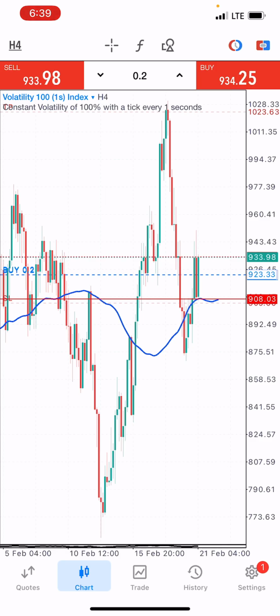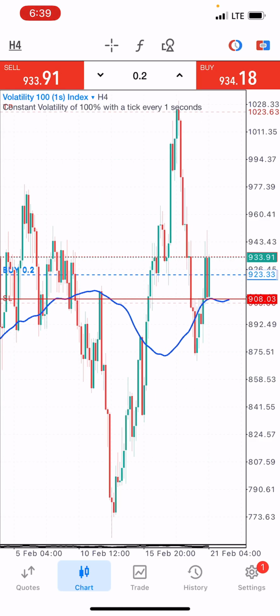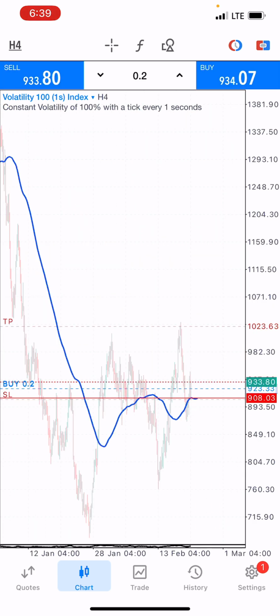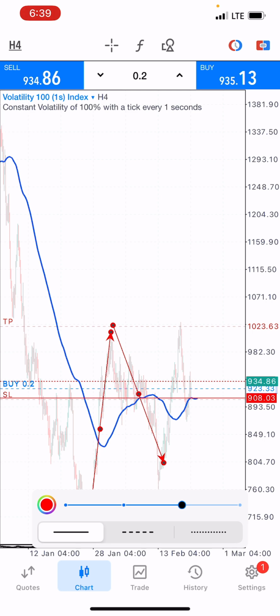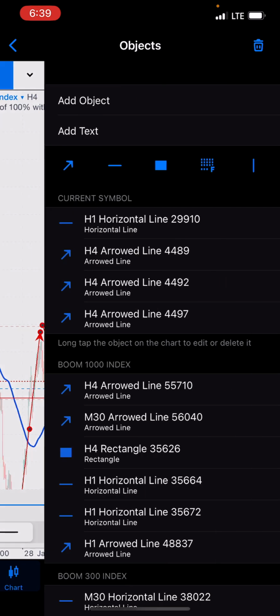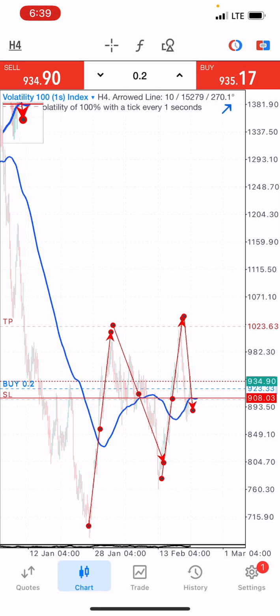On the higher time frame, the 4 hour time frame, we have the market doing something like this. We have a higher high, we have a higher low, and we have a higher high again. So we'll be having a higher low.